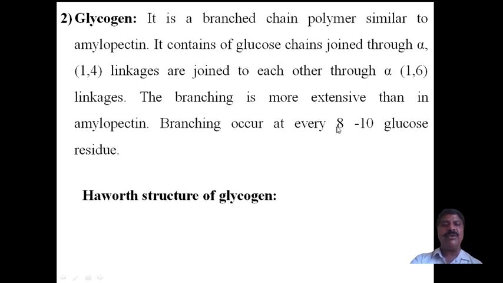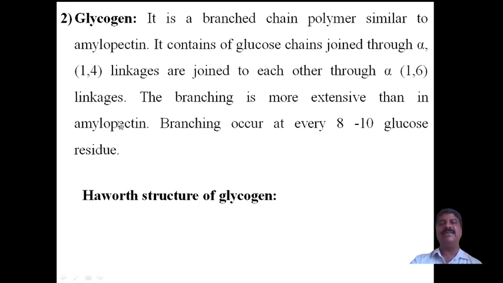Branching occurs at every 8 to 10 glucose units. The difference between amylopectin and glycogen is simple. In amylopectin, after 24 to 30 molecules join together by alpha 1,4 linkage in a linear structure, branching takes place by 1,6.